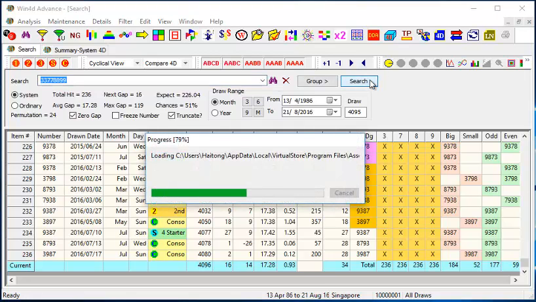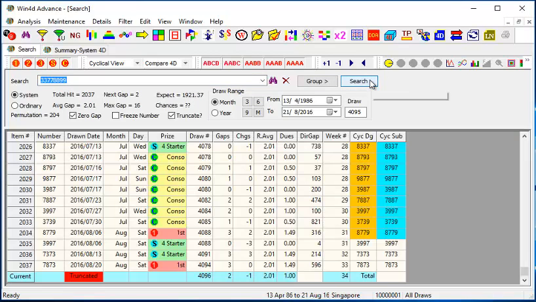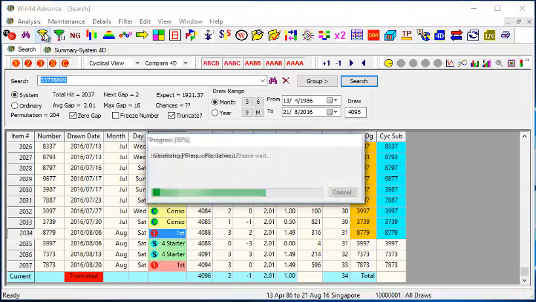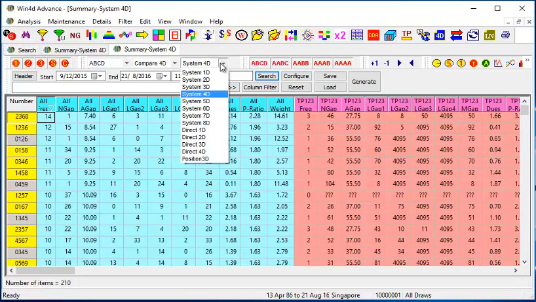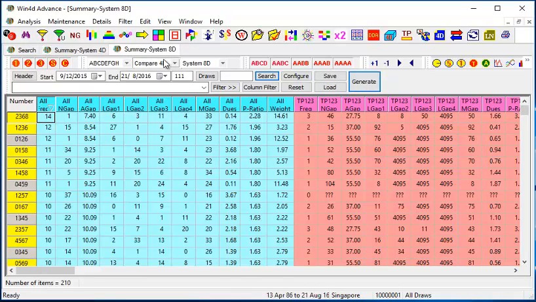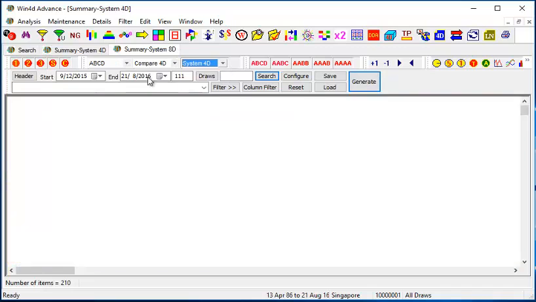So among here, almost every now and then you do see something happen. Alright, we do see almost every 3 draws you see something happen. So how many numbers are there together? Good question. Okay, let's bring out the system 4D.